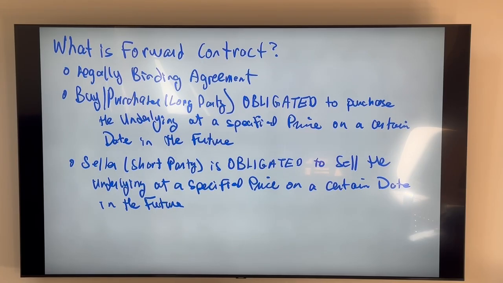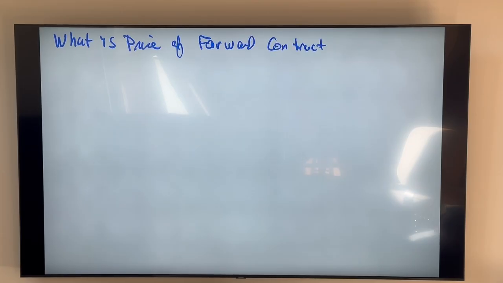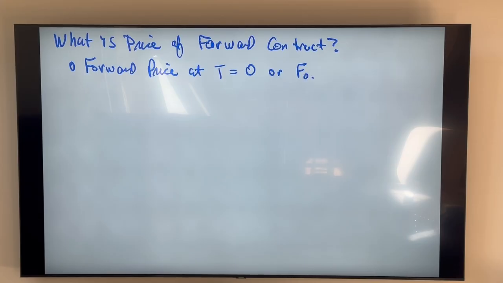So now what we want to do is figure out how do we price a forward contract. What is the price of a forward contract? The price of a forward contract is going to be the forward price at time equals 0, or F naught, right?